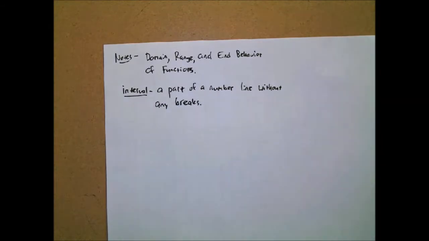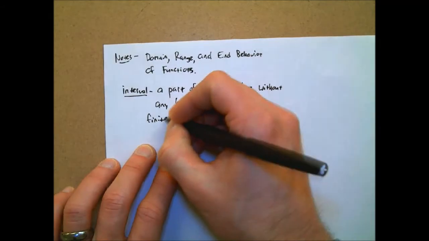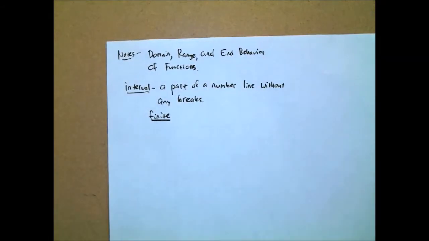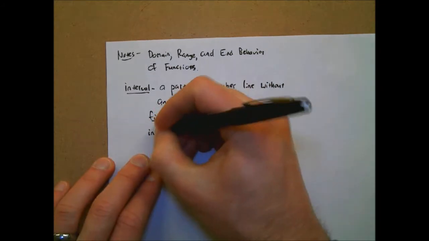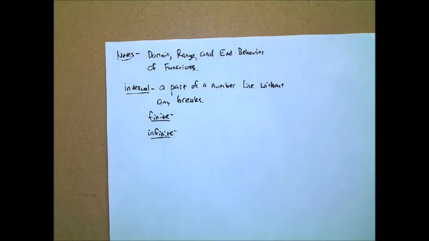There are two kinds of intervals that we're going to be looking at: finite and infinite. And don't ask me why I pronounce one finite and the other infinite. That's my understanding of how they're supposed to be pronounced, so change it up when you have the IN in front. I think we have an idea about infinite.